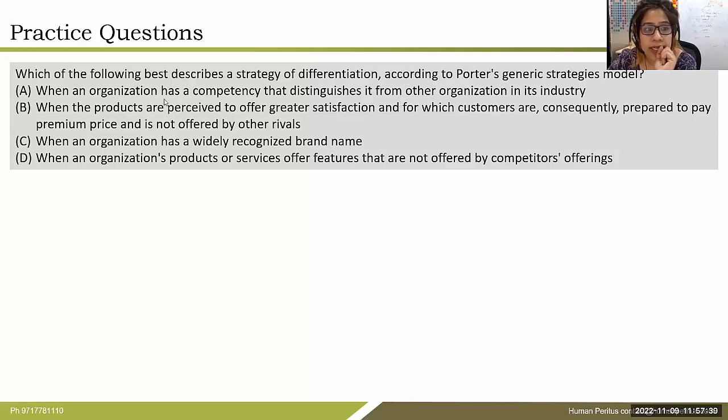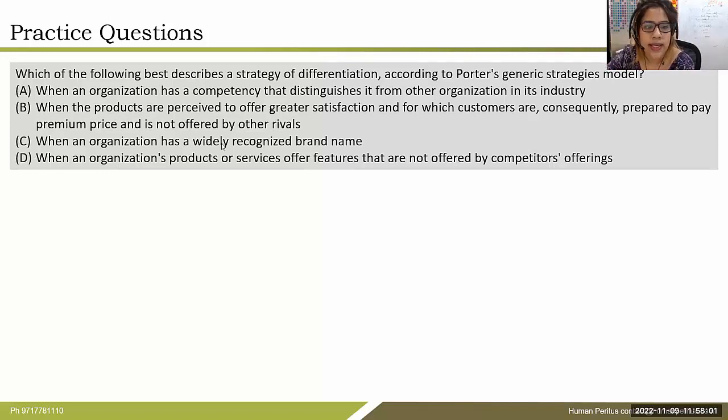See, when the products are perceived to offer great satisfaction, I told you that in the question paper, they try to come to know the knowledge that you have, not just what you have learned by rote. No, you have to apply your knowledge.